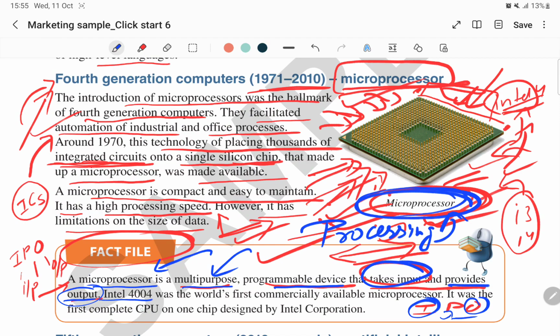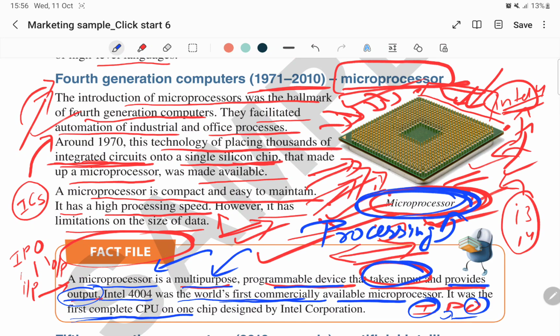Commercial means it was made for business purposes, available for you to buy. In the 1900s, the first commercially available microprocessor was the Intel 4004, and it was also the first complete CPU, which we can call the brain.